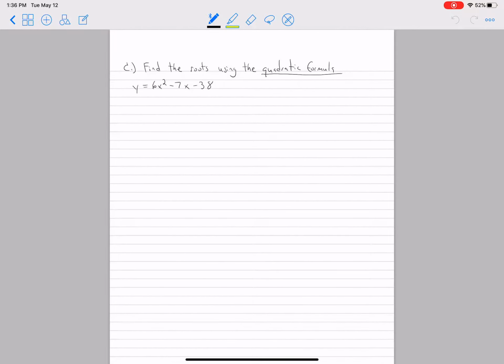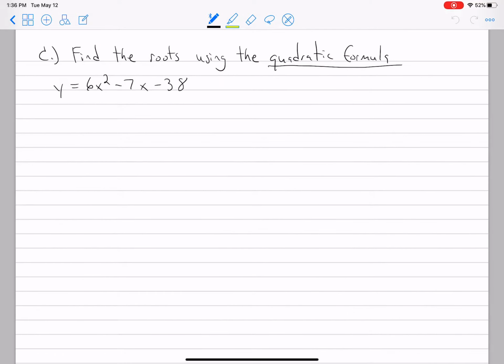All right. Last one. This one should be the most familiar. Find the roots using the quadratic formula. So again, the quadratic formula says y equals -b plus or minus the square root of b squared minus 4ac, all of this over 2a.